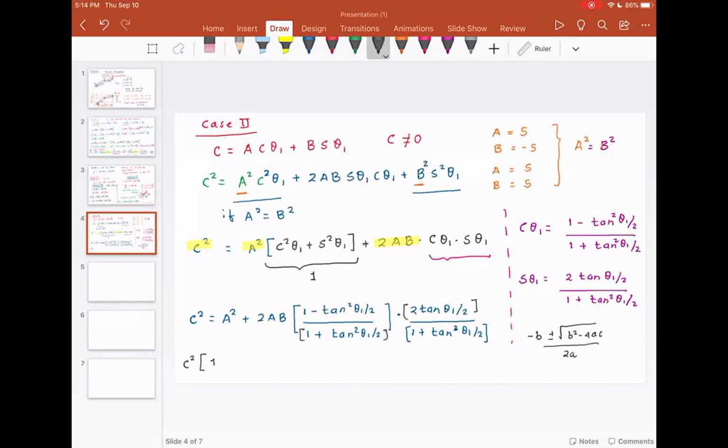So you are going to have 1 plus tan square theta 1 by 2 square is equal to a square plus 2ab, and then you are going to have 2 tan theta 1 by 2 minus 2 tan cube theta 1 by 2.